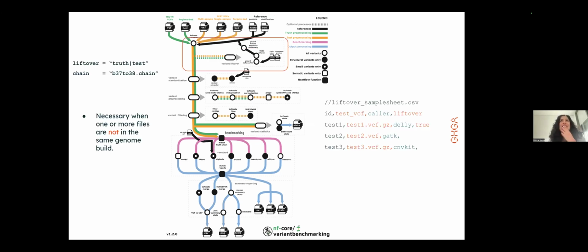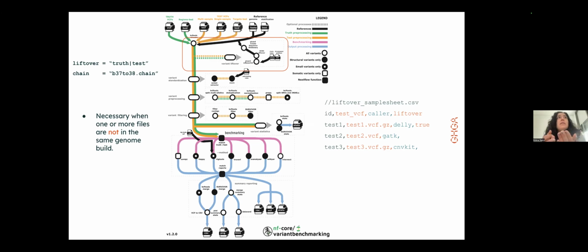And next is the liftover option, but liftover is not mandatory. It is only needed if one or more files, either the truth or the test file, are not in the same genome build. It is actually common to have different genome builds when you need to do comparisons.